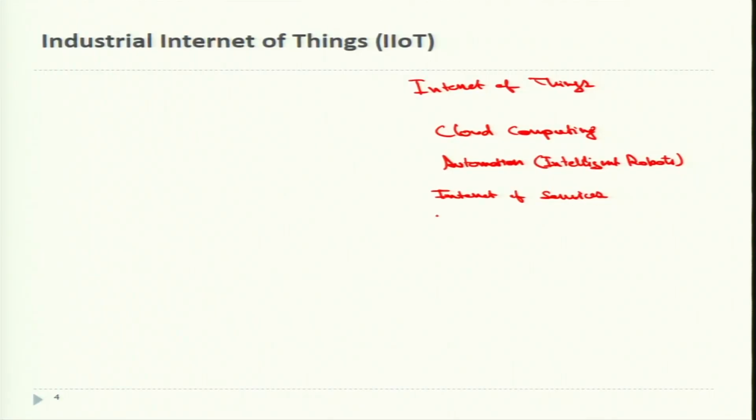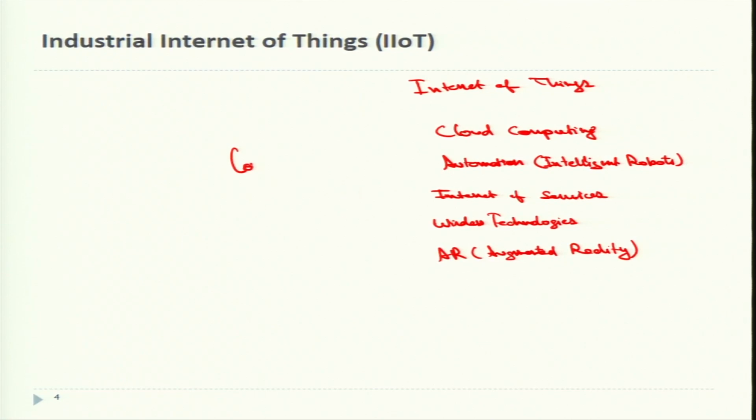Along with Internet of Services, we also have wireless technologies. Then AR, that is augmented reality. I can't cover all of them in this one small course, but many of these are connected to the Internet of Things or industrial Internet of Things.